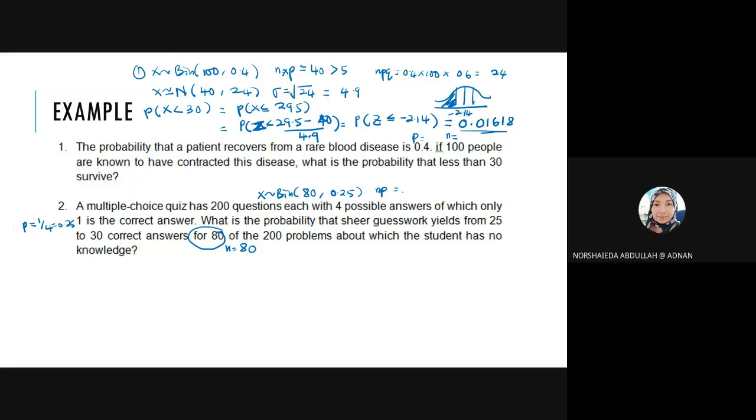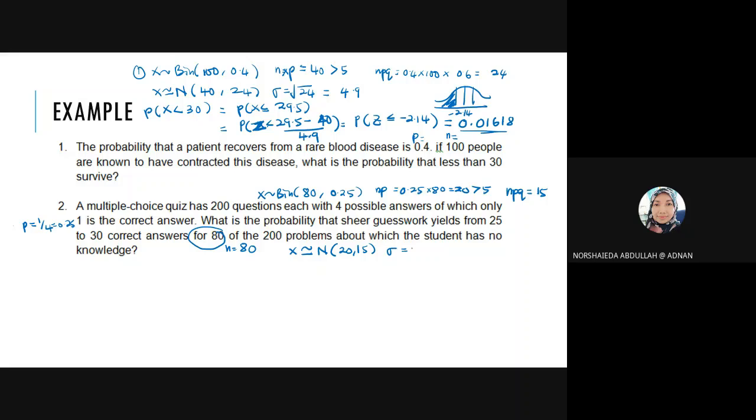So NP here is 0.25 times 80, equal to 20. Okay, 20. So greater than 5, we can use the normal approximation. So it is approximately normally distributed with mean equal to NP, 20, and variance equal to NPQ, which is 15.